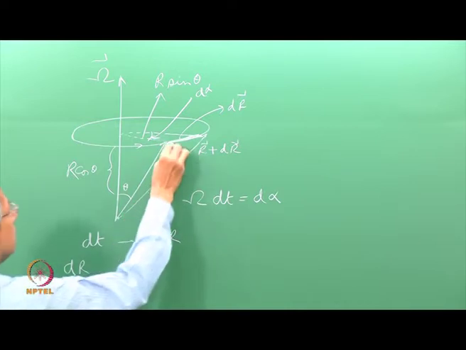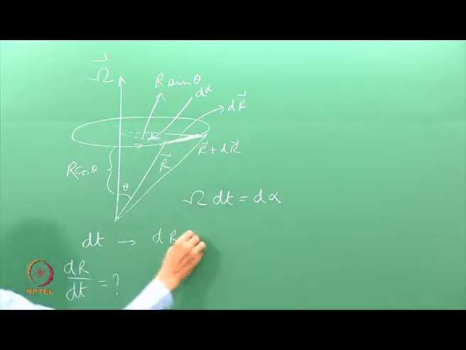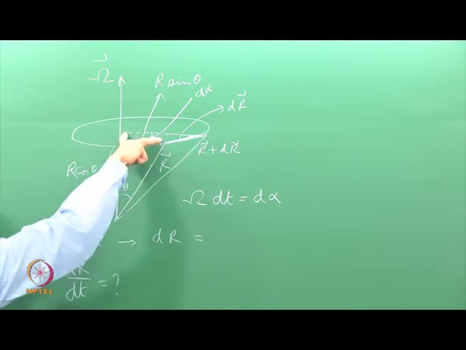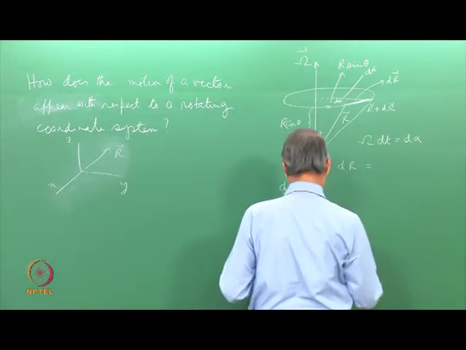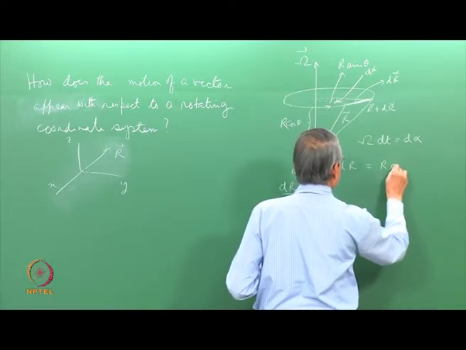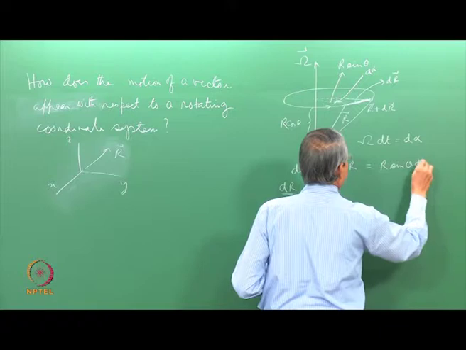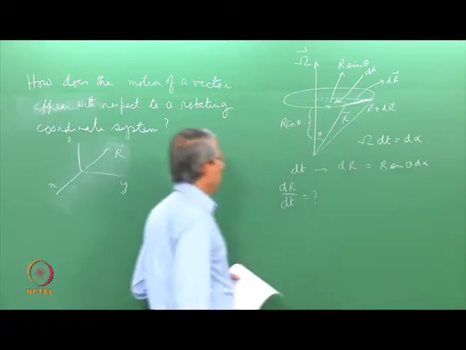So, this will be given by, this is the radius and this is the angle. So, this will be given by r sin theta d alpha.